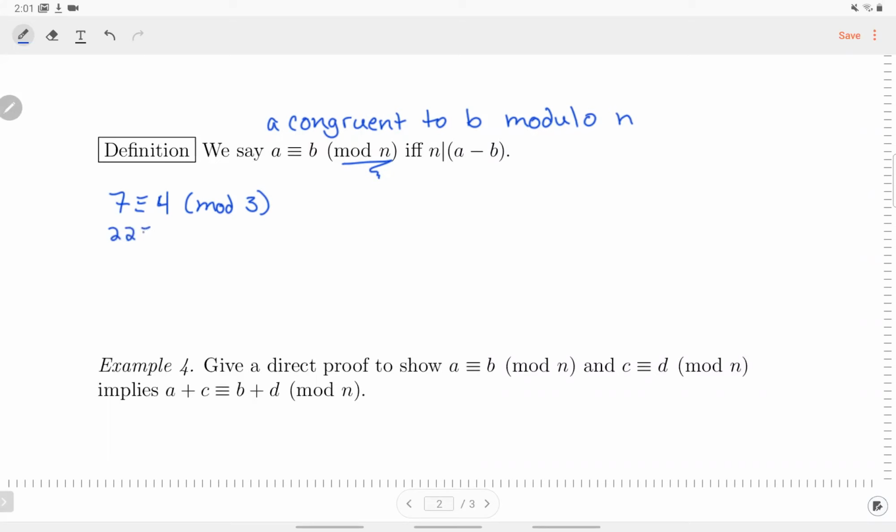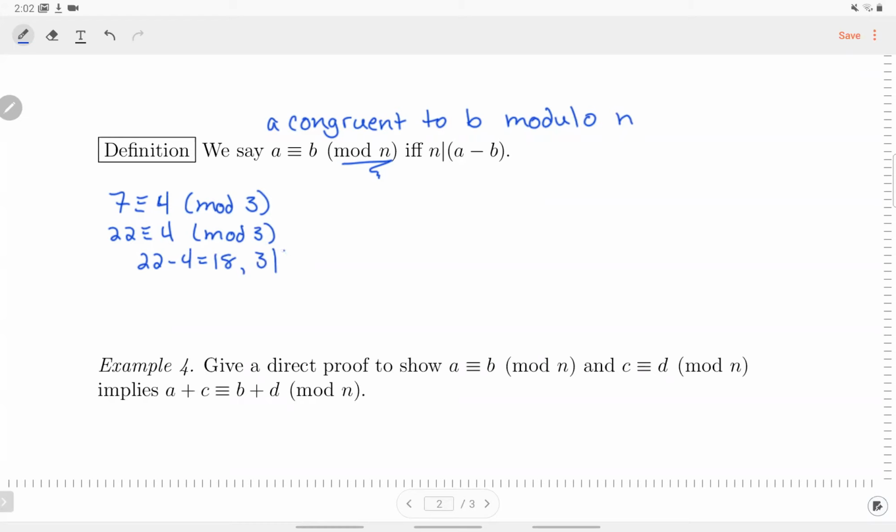Let me do another one. 22 is congruent to 4 mod 3, because 22 minus 4 is 18, and 3 does divide 18.